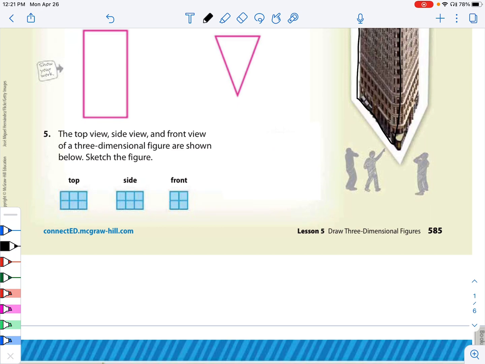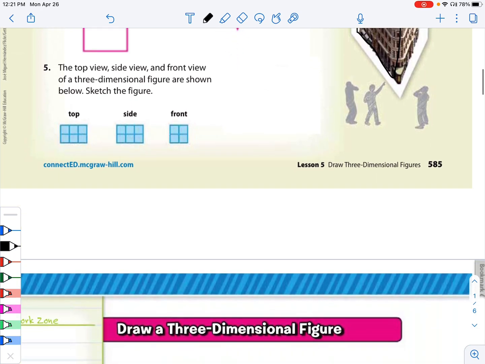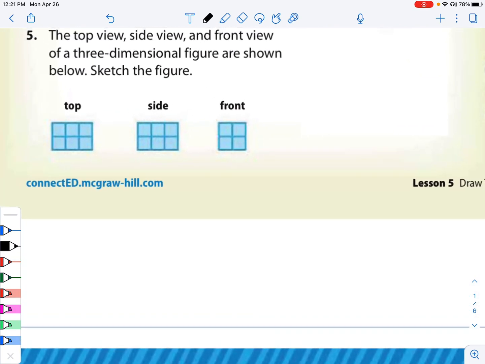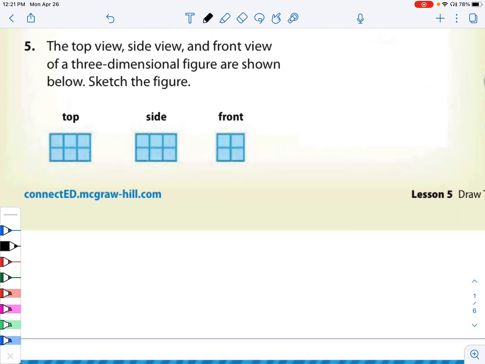Let's take a look at number 5. The top view and side view and front view of a three-dimensional figure are shown below. Sketch the figure. Okay, so this is the top view of our three-dimensional figure. This is the side view, and this is the front view. Remember, the top view has 6 square units.